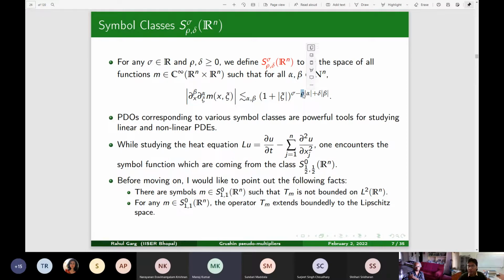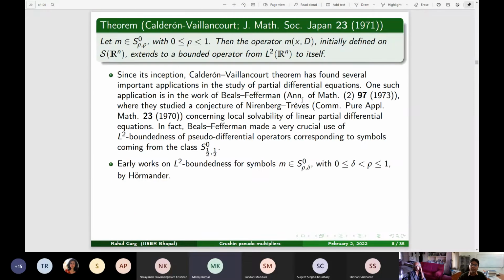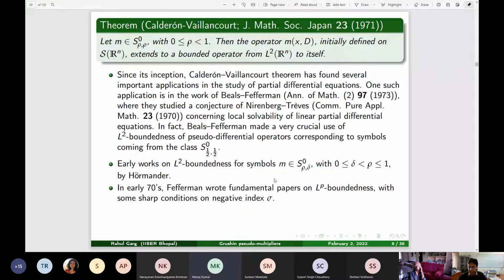If rho is equal to 1, as I mentioned, then you don't need sigma. Sigma equal to 0 is good enough to get LP. But if you are starting with lesser decay in each derivative, then it may be insufficient. So depending on what LP boundedness one is looking for, sigma becomes rather important, and there is a sort of sharpness in what sigma gives you the boundedness for which LP. So this early work is due to Fefferman.